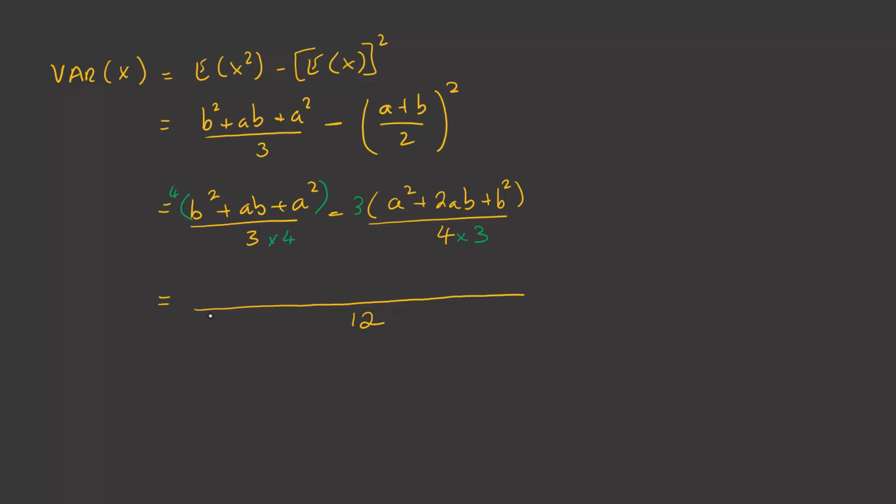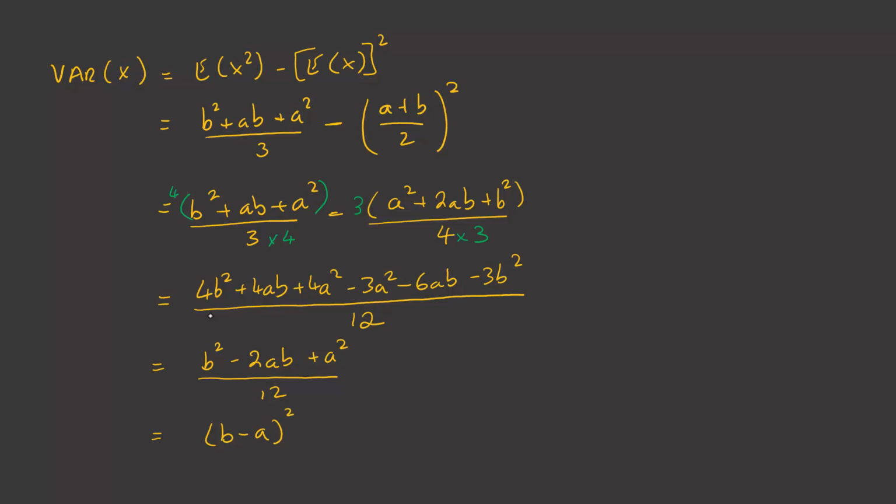And if we do that, then we get 4b squared plus 4ab plus 4a squared minus 3a squared minus 6ab minus 3b squared. And if we tidy that, that gives us (b squared minus 2ab plus a squared) over 12. And that is (b − a) squared over 12.